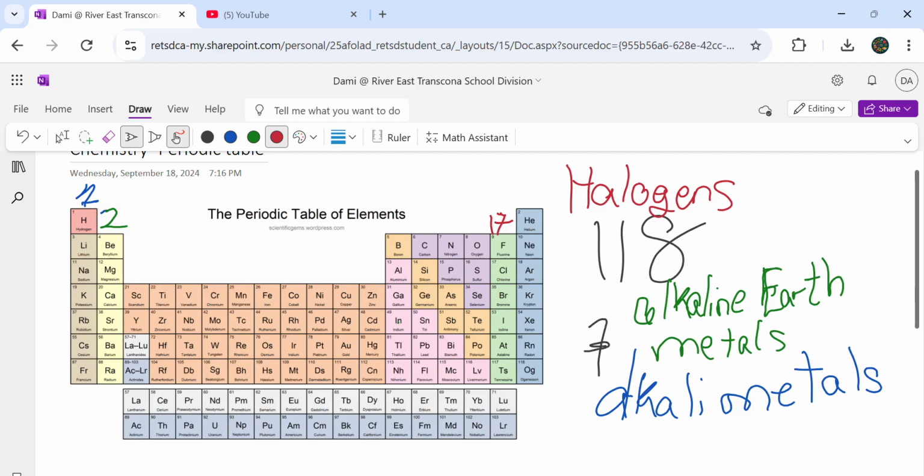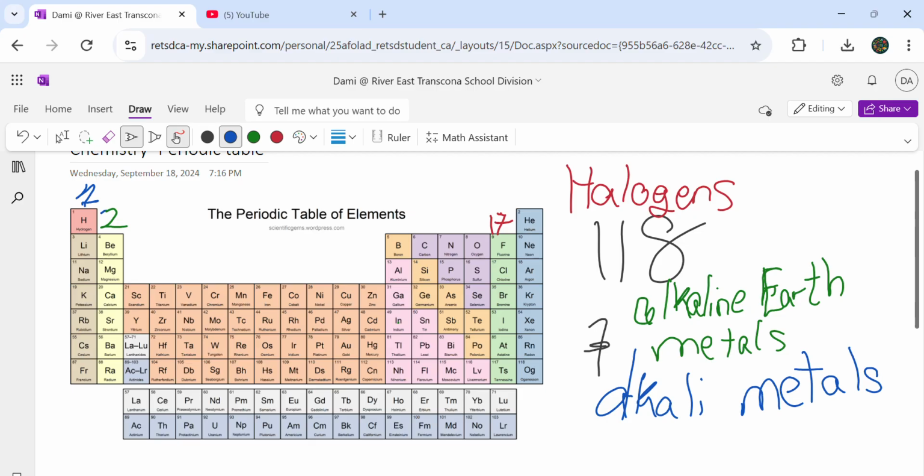The alkali metals, not alkaline, this is supposed to be alkali, give one of their electrons to the halogens, which makes them complete, because the halogens have 7 outer shell electrons and it's easier to take one than to lose 7. And same thing with the alkali metals, they have 1 and it's easier for them to lose 1 than gain 7.